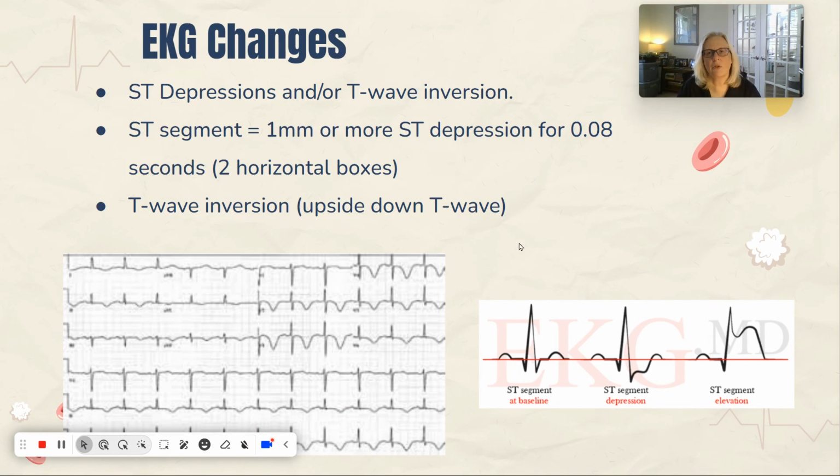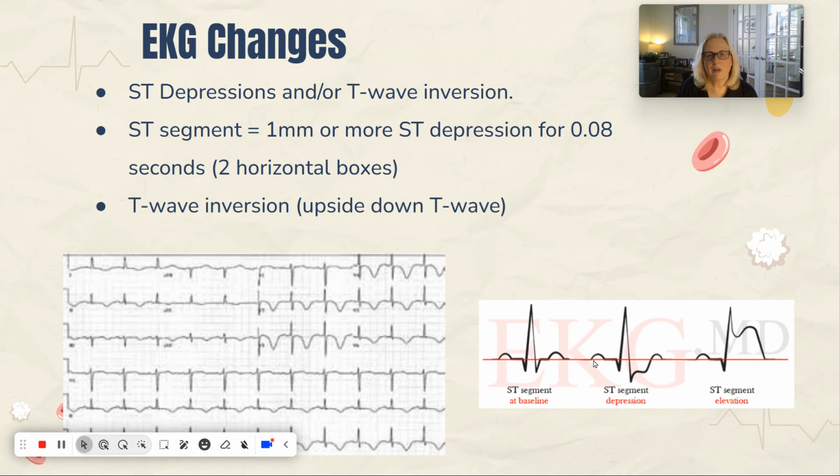ST depression. So that ST segment, if you take a look at this EKG right here, notice how everything comes in and out of the isoelectric line. We have our P wave into our QRST, but everything starts and ends on this isoelectric line. So when we have ST depression, depression means below. Our isoelectric line is that nice 0 on our number line.